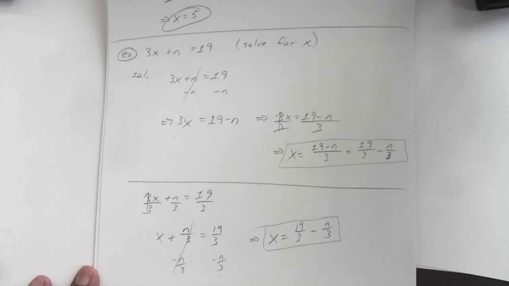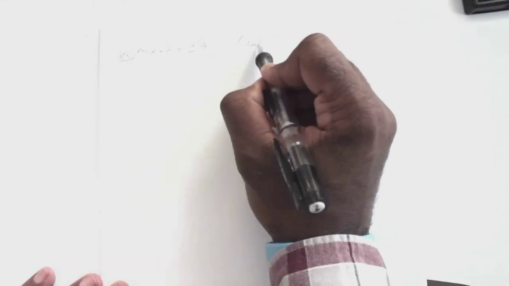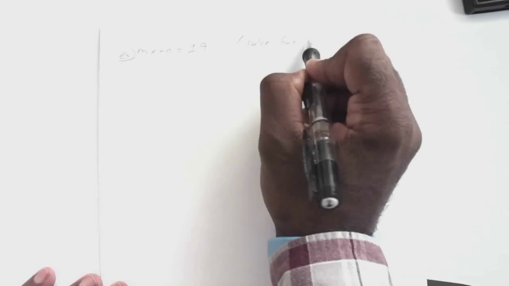Looks like everyone's done writing. All right. So let's say we transition into mx plus n equals 19. Again, solve for x.